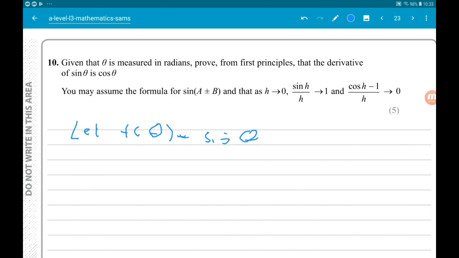And then f of theta plus h is equal to sine of theta plus h.